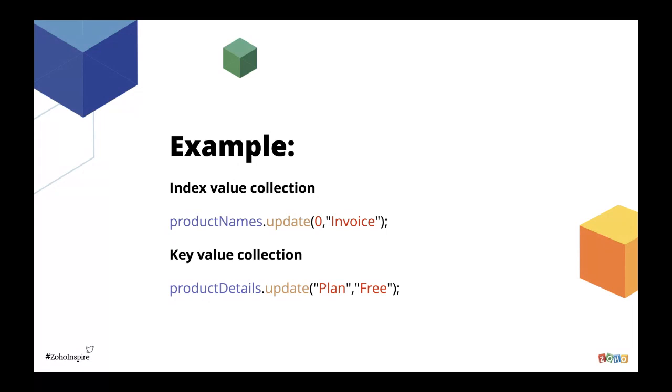For a key value collection, we would be using the collection name dot update, and then you have the key name followed by the actual value. So this would update the plan from the earlier example where we had set it to ultimate, and now it would become free.